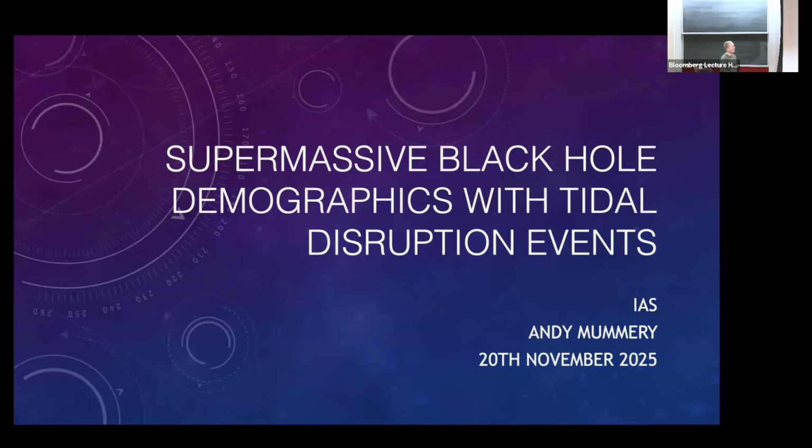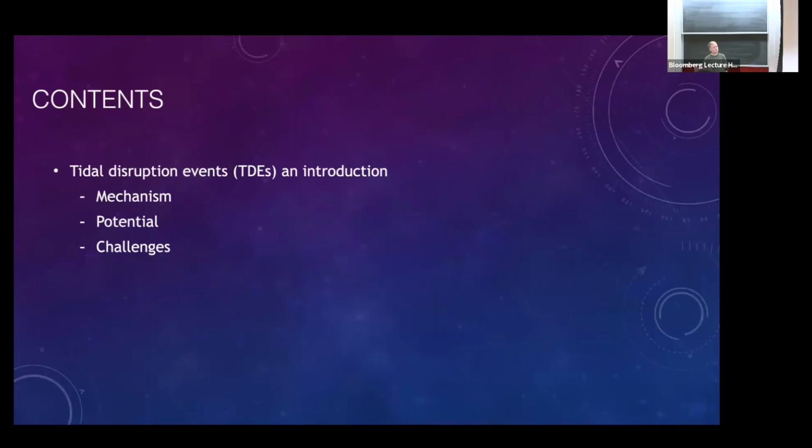Okay, so I'm going to talk to you today about supermassive black hole demographics with tidal disruption events. I'll start with a broad overview of TDEs, as I'm going to call them from now on to save time on tidal disruption events: how we get them, their scientific or astronomical potential, and some of the challenges we've had as a community in describing them.